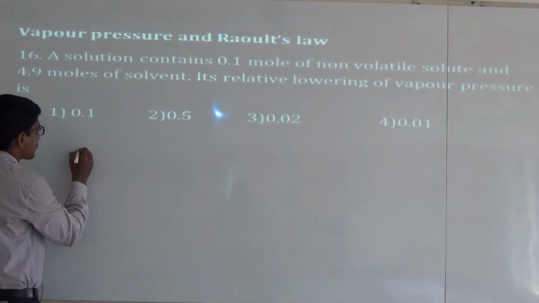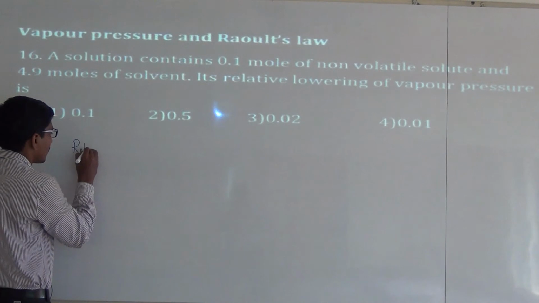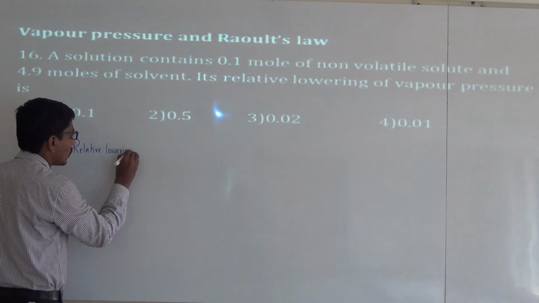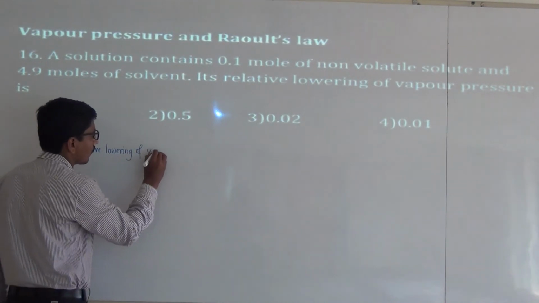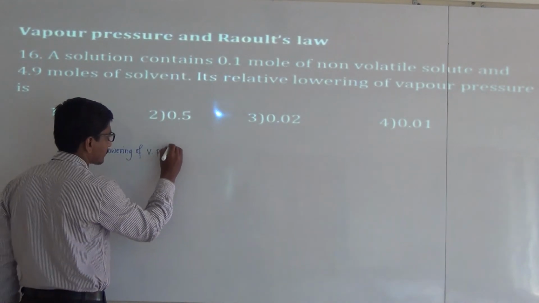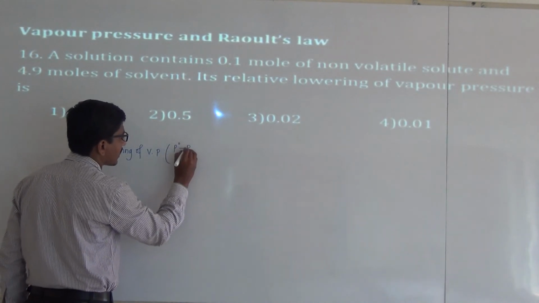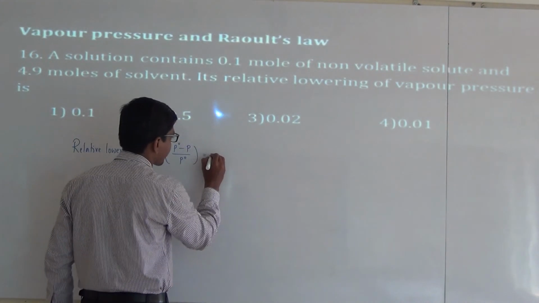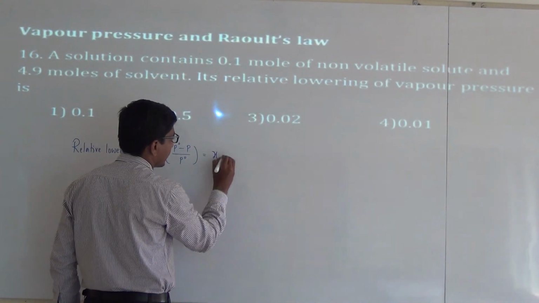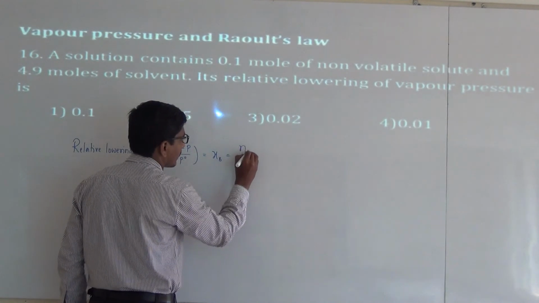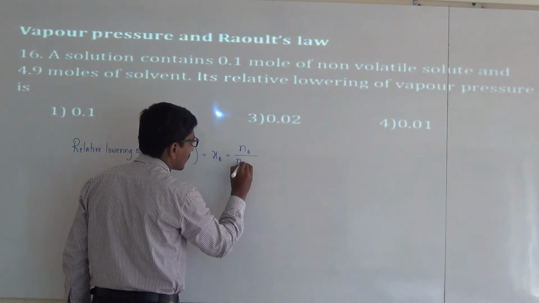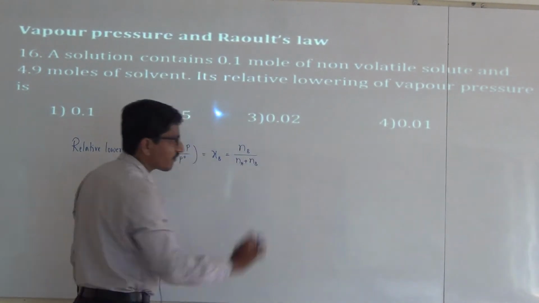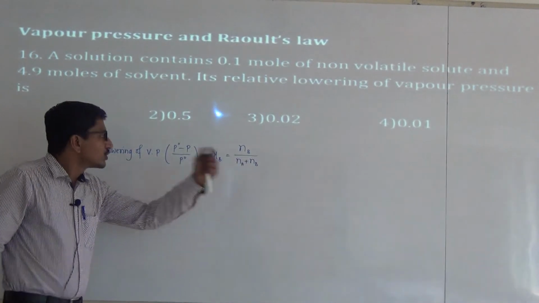From the relation, relative lowering of vapor pressure, that is P naught minus P by P naught, is equal to XB. XB is nothing but NB divided by NA plus NB, number of moles of solute by total number of moles of solute and solvent.